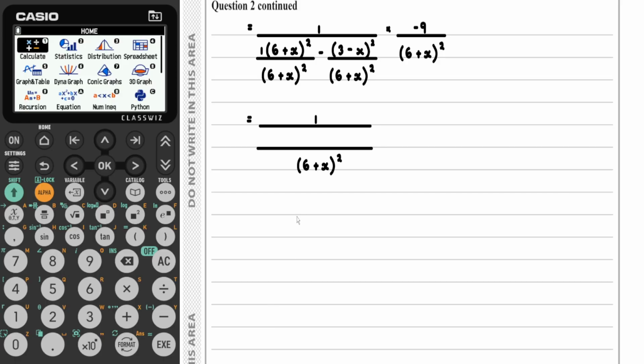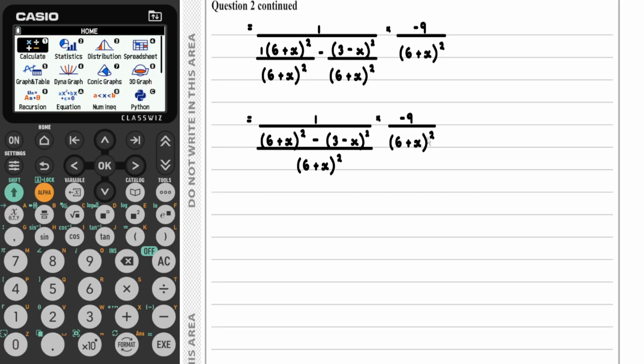So we have 1 over this common denominator of (6 plus x) squared, and then we have (6 plus x) squared subtract (3 subtract x) squared, and we multiply this by negative 9 over (6 plus x) squared.